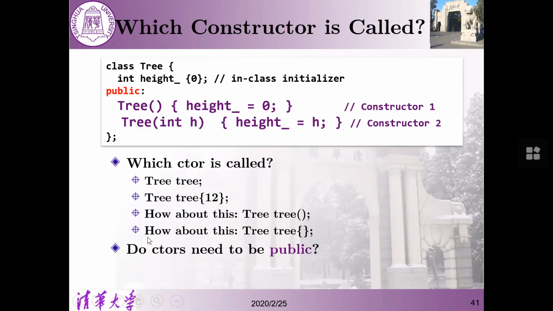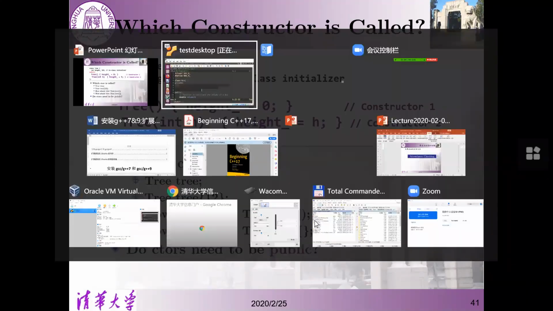Let's check later. The third one, we know that this is a grammar, C++17, right? This default one is called. How about this one, with parentheses? Let's check.